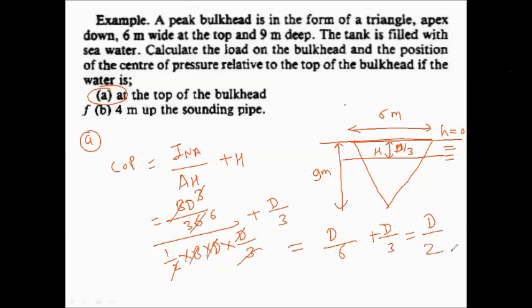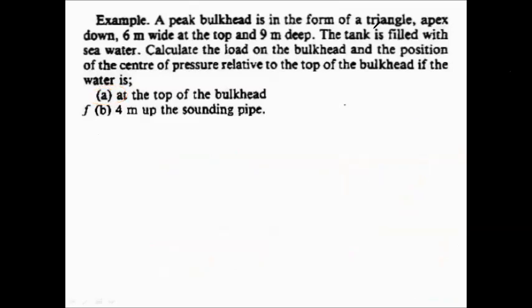So we know the depth of the bulkhead is 9, divided by 2. So the answer will come 4.5 meter. So this is the location of the center of pressure. Okay, I hope this sub question is understood. So like this, you can do the calculation for the second part.